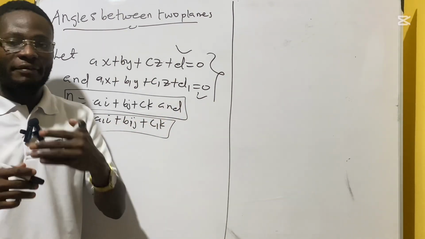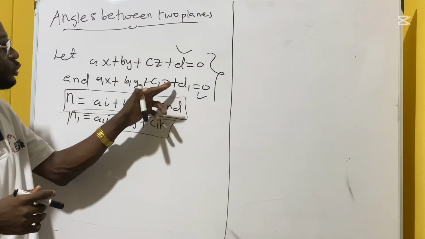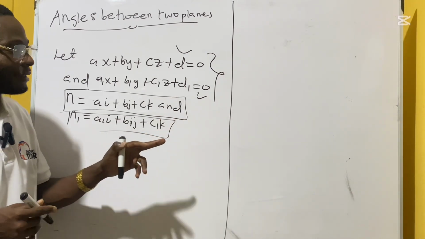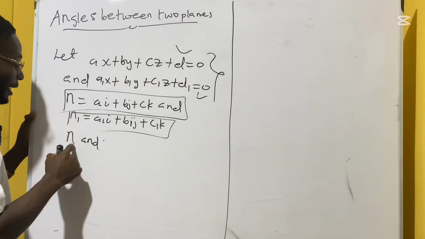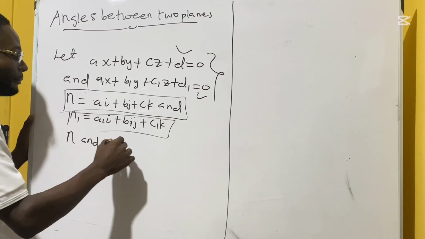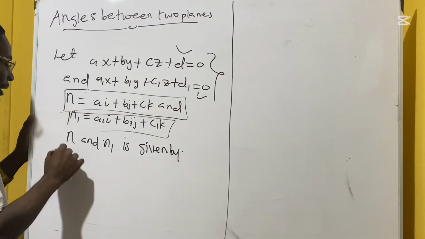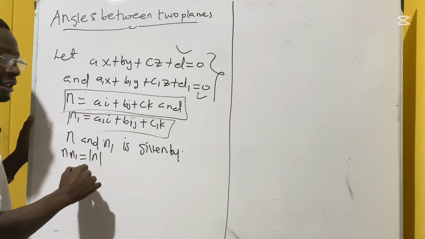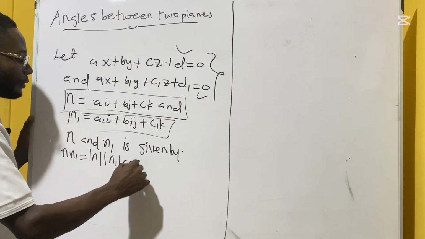If we want to talk about the angle between these two planes and their normals, then we use n and n1, which is given by n dot n1 equals magnitude of n times magnitude of n1 times cos theta.